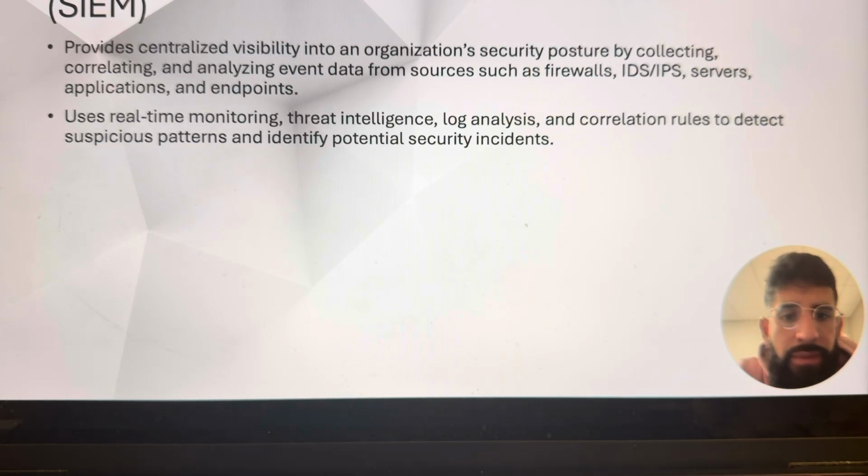Security information and event management provides centralized visibility into an organization's security posture by collecting, correlating, and analyzing event data from sources such as firewalls, IDS, IPS, servers, applications, and endpoints. It uses real-time monitoring, threat intelligence, log analysis, and correlation rules to detect suspicious patterns and identify potential security incidents.